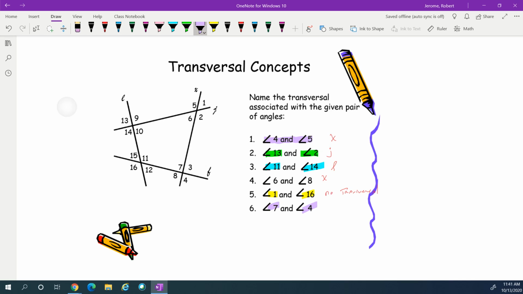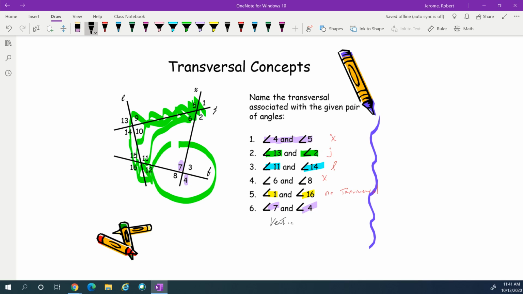7 and 4. 7 and 4 are in the same intersection. In fact, we knew about these. We didn't even need the rest of this picture. Right there. These are vertical angles. There is no transversal.